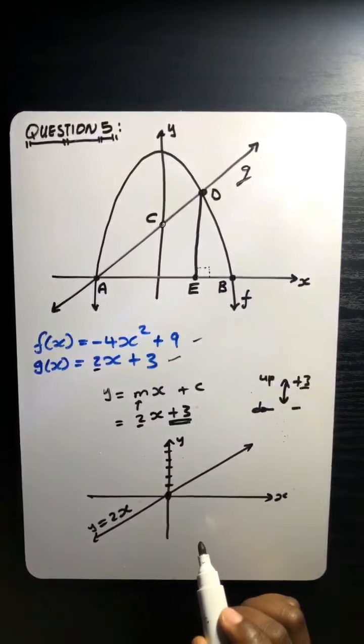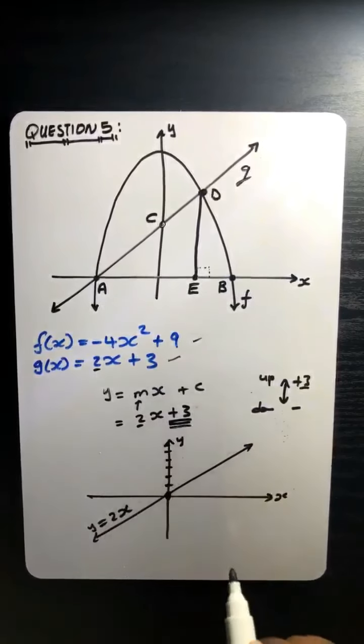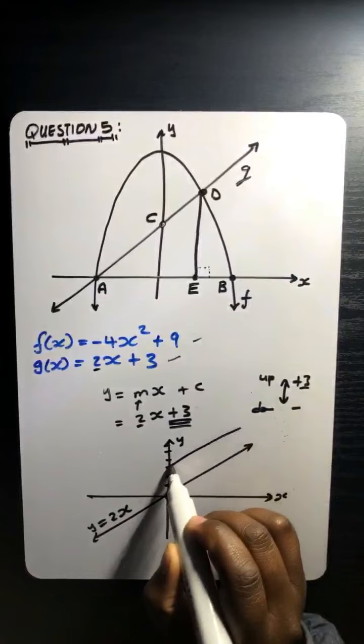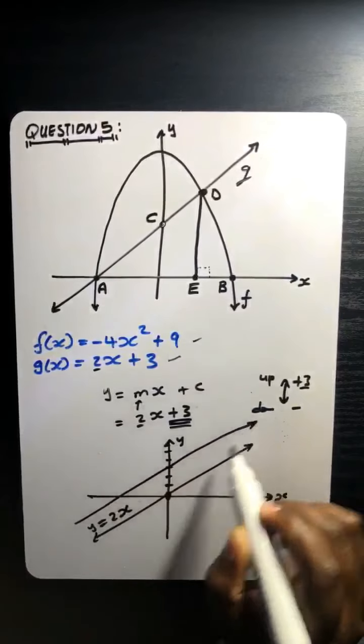So, ladies and gentlemen, it simply means that the straight line shifted by 3 units upwards. Let's see, 1, 2, 3. So that means now it is passing through that point over there.